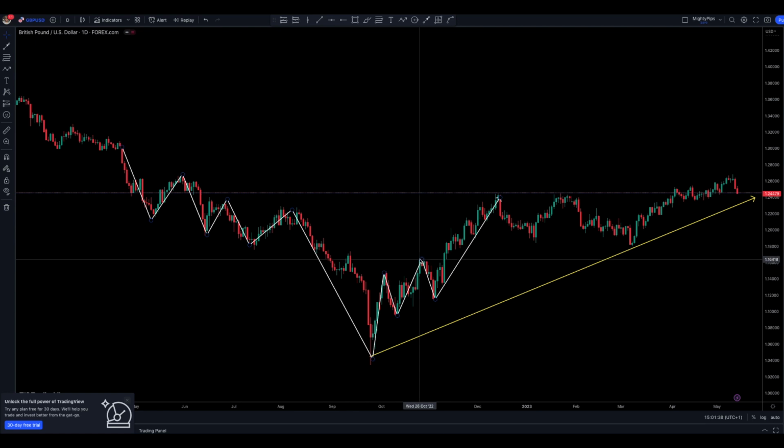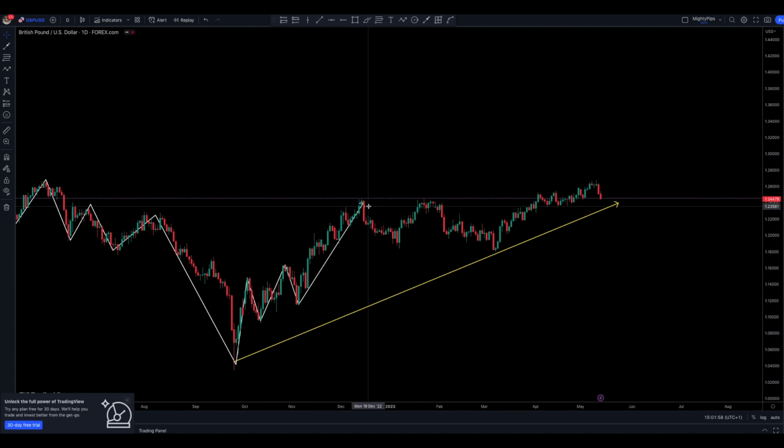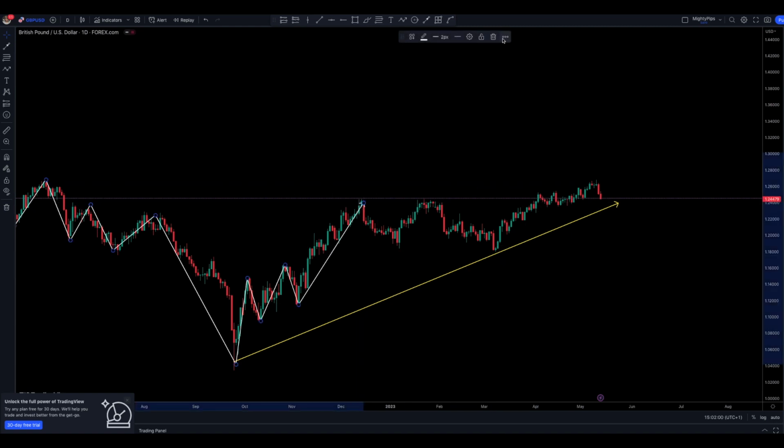After that was broken, it created a higher low, which is higher than this low. So we consider that this market structure has changed from a downtrend to an uptrend. So now we are working with an uptrend, guys. So we can remove this.